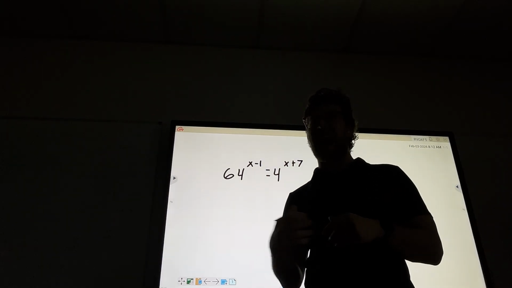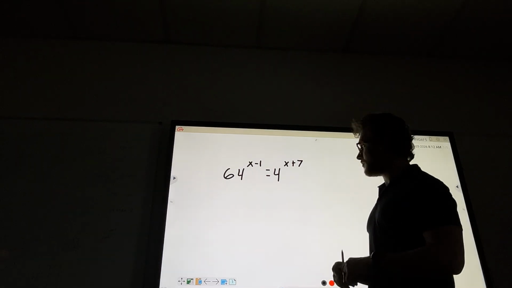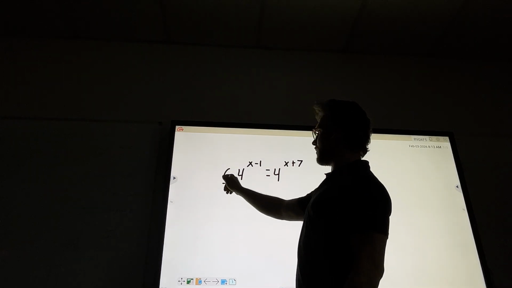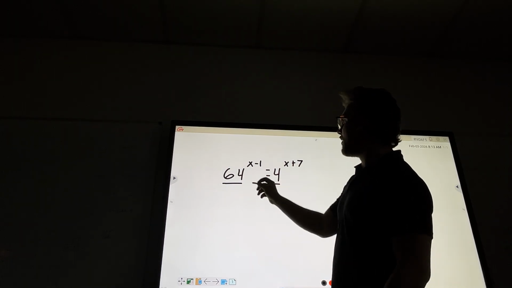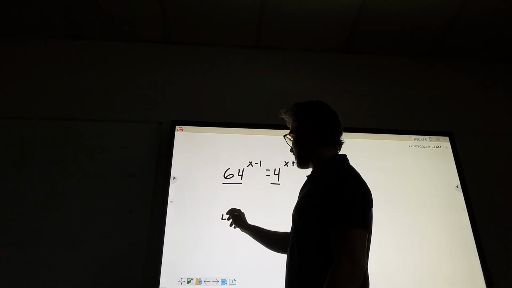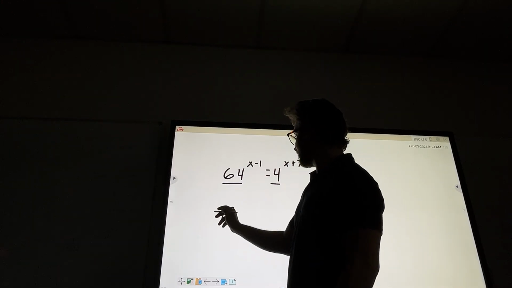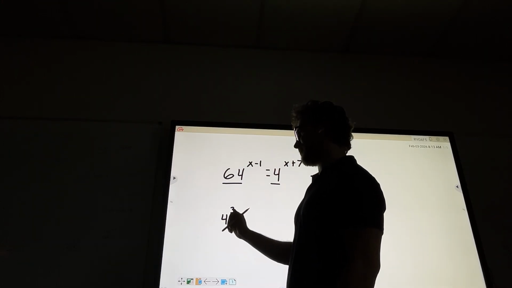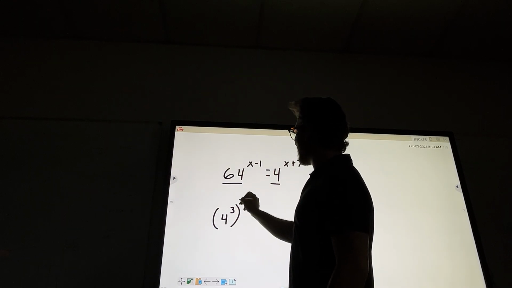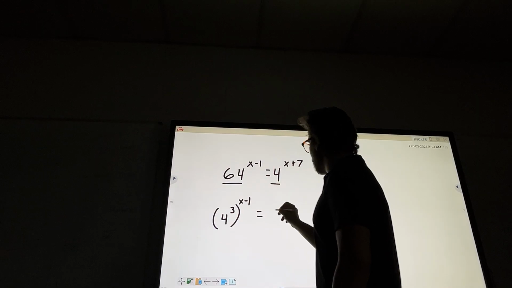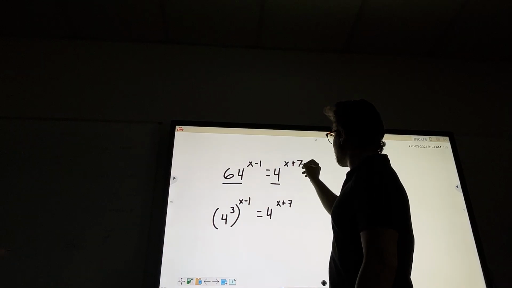We can't start adding or subtracting if we have different bases. But there is a way for us to get from 64 to 4. 64 is 4 cubed. All of this would be to the power of x minus 1. And that's going to equal our 4 to the power of x plus 7.